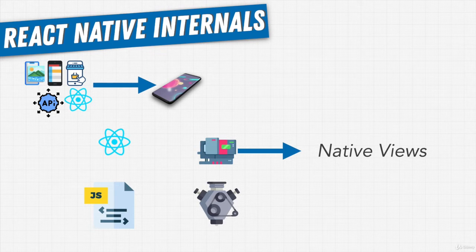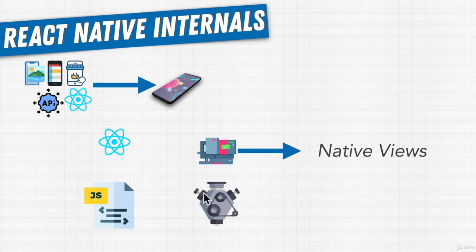You see, in order for React Native to work, it needs something called a JavaScript VM or virtual machine. This virtual machine has a JavaScript engine that allows it to understand this logic that we write, this JavaScript code. So most of the time, this VM is called JavaScript Core.